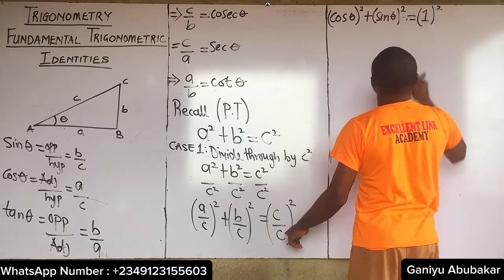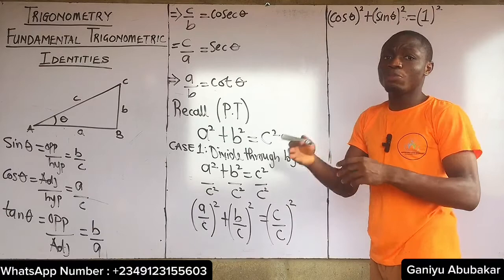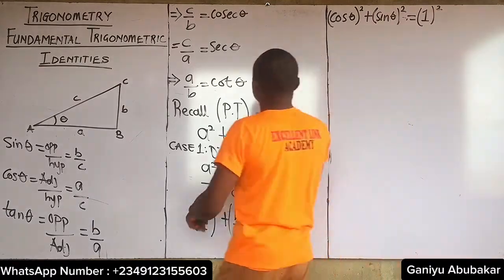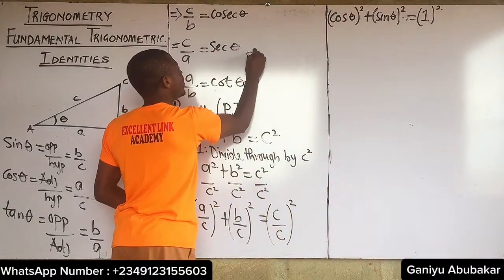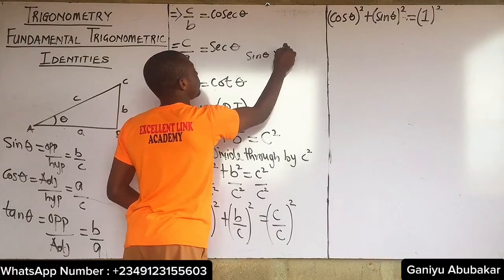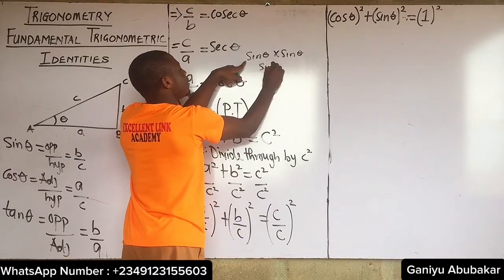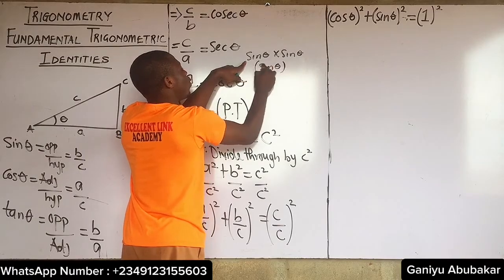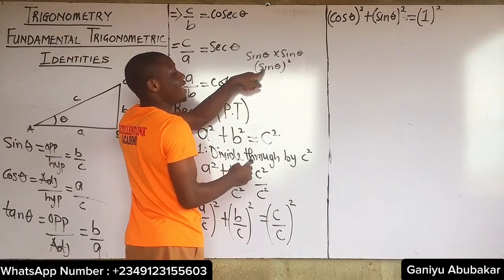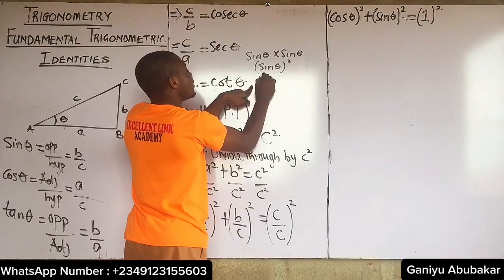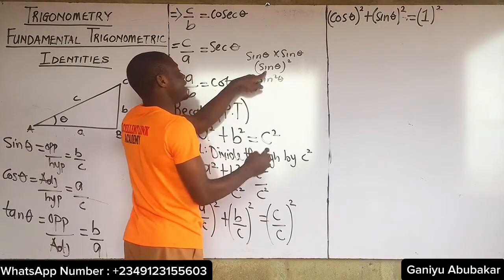All squared. At this point now, note something. If I have sine theta multiplying sine theta, this is sine theta all squared. I can write it in this form or as sine square theta. They are the same thing.